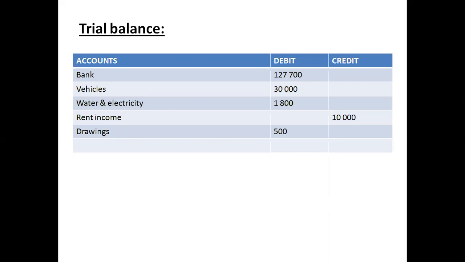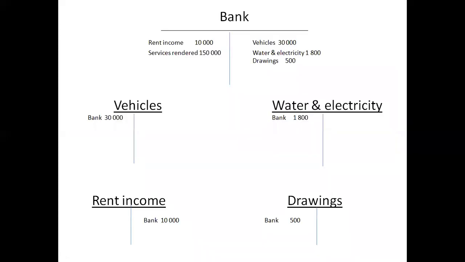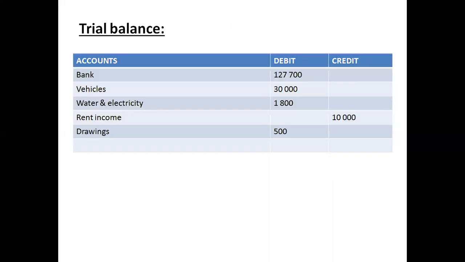Right, let me just go through all of them and then we can recap again. So vehicles, for instance, you will see on the debit side, there's 30,000 Rand. So let's see where it's coming from. Look at vehicles, the T account, the general ledger account, and you see there's the 30,000 Rand, and on which side is the entry? On the debit side. So therefore, you're going to write it in the trial balance on the debit side.